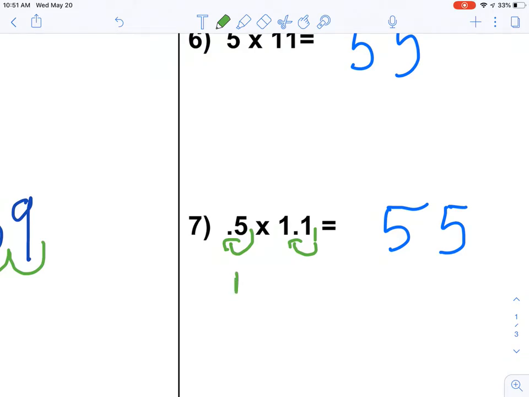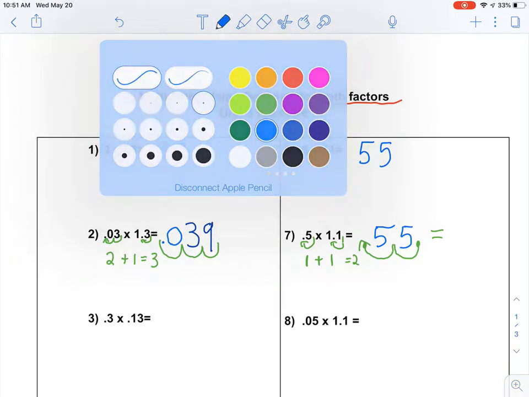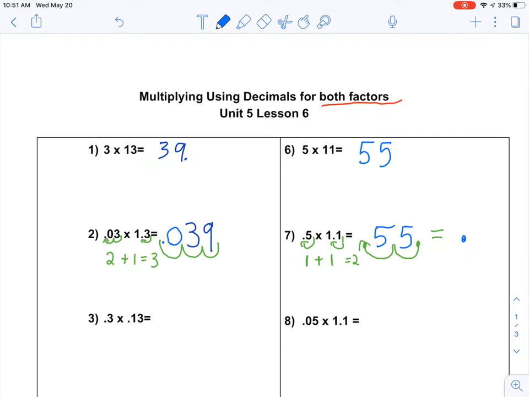So if it moved once here, and it moved once here, that means for our product, it's going to be twice. 1 plus 1 equals 2. So that means we must move the decimal 2 places. And what does that mean? Well, it means that our actual answer, and I'm going to go ahead and put an arrow so we understand the direction, the actual answer there is going to be 0.55.